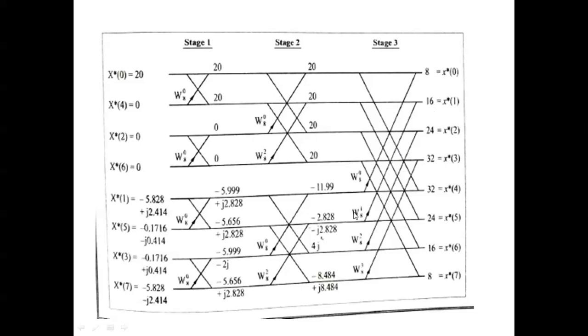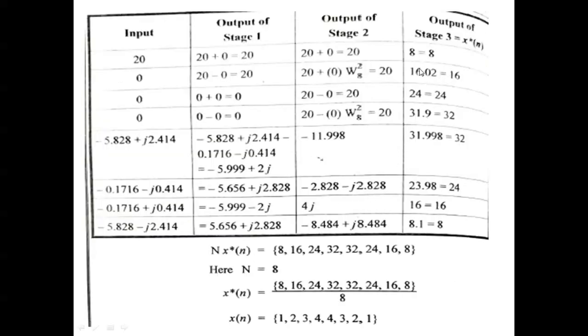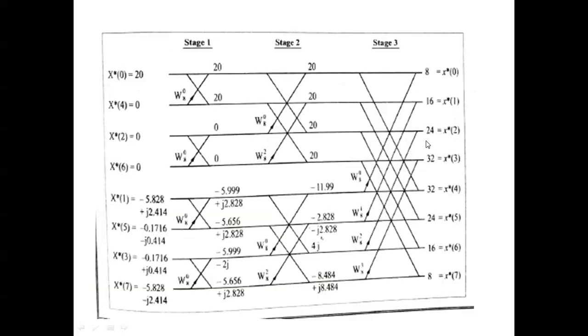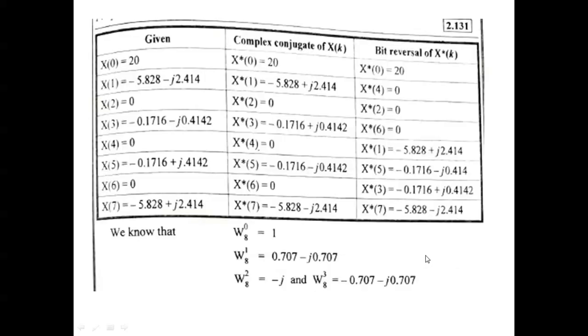See stage 3. The value they got is 16. Like that, in every stage you take A and B, A plus B twiddle factor value, and similarly A minus B twiddle factor value.